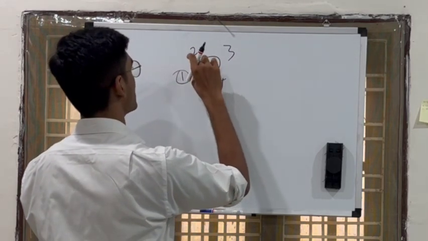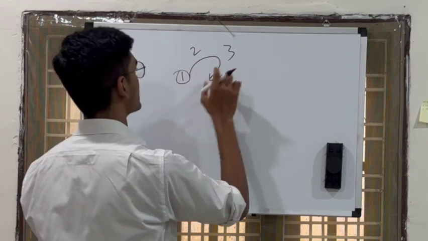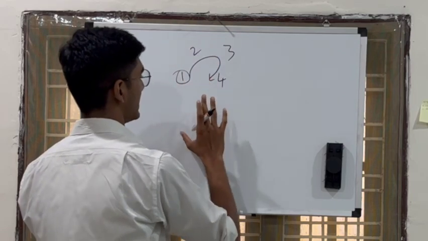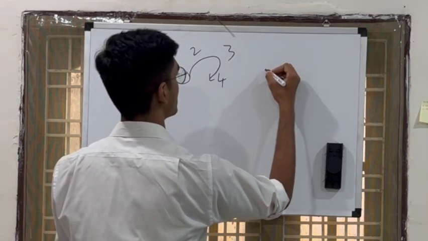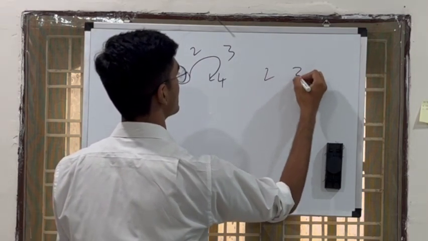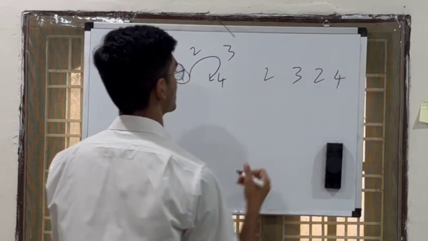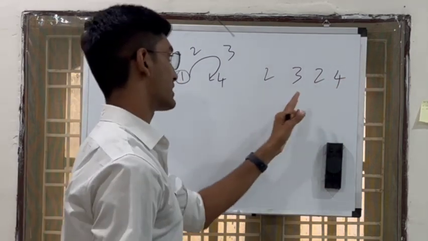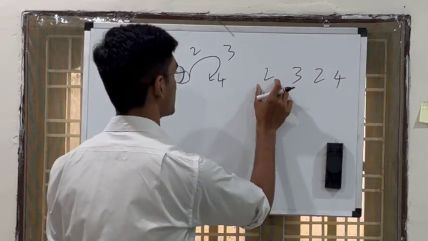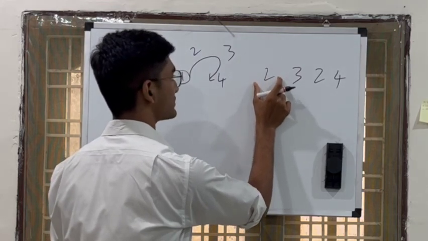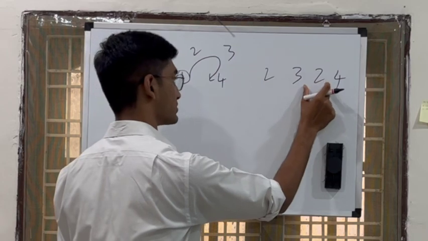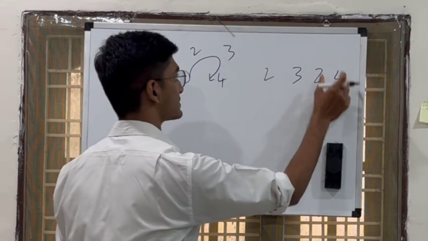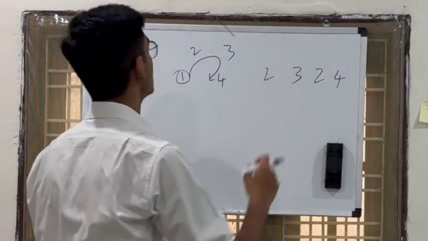Now they have works to do in this colony, and the works are ordered in such a way that, for example, let's take 2, 3, 2, 4. They'll be given an order such that they have to do some work at house number 2, then go to house number 3 and do some work, go to house number 2 and do some work again, and go to house number 4 and finally do the work.